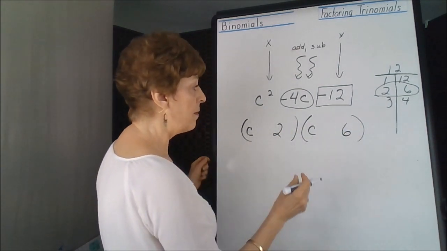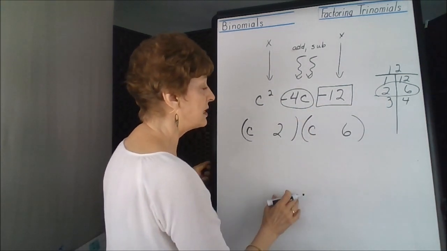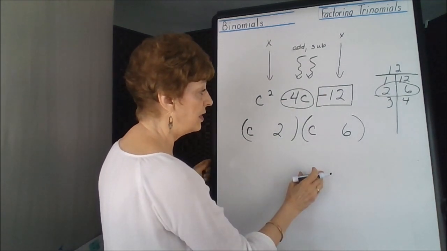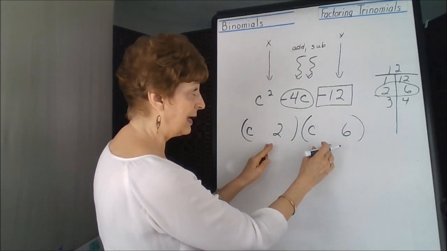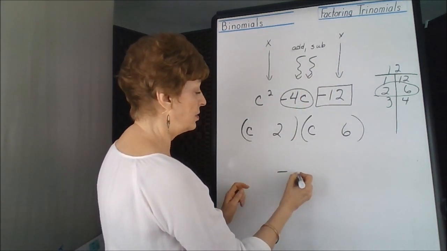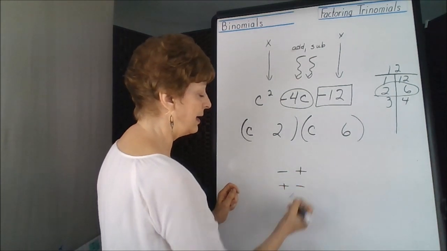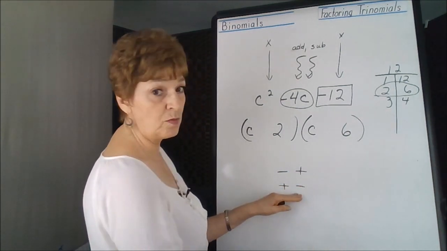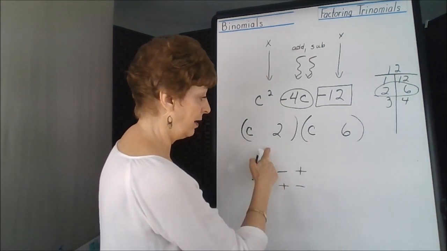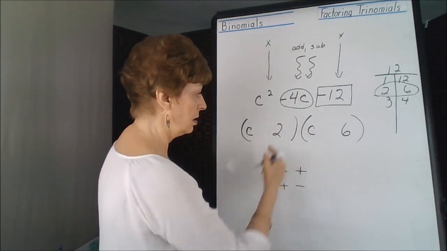Now I have to worry about the value of the positive or negative. I have to get a negative 12. So the only way that I can get a negative when I multiply is with a negative and a positive sign, or a positive and a negative sign. So I got to have one of each. But it depends on where they land here as to make sure that I get a negative 4.